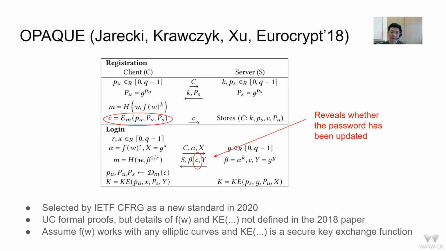During the login phase, for every login session, the server always sends the C back to the client. So if the user has updated the password, then the value of C will be different. So this leaks information about whether or not the user has changed the password. SRP6A doesn't have this issue.